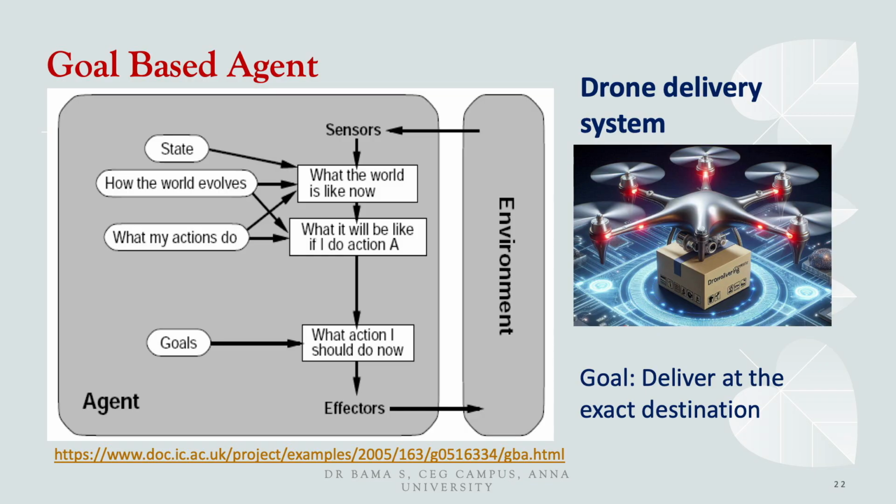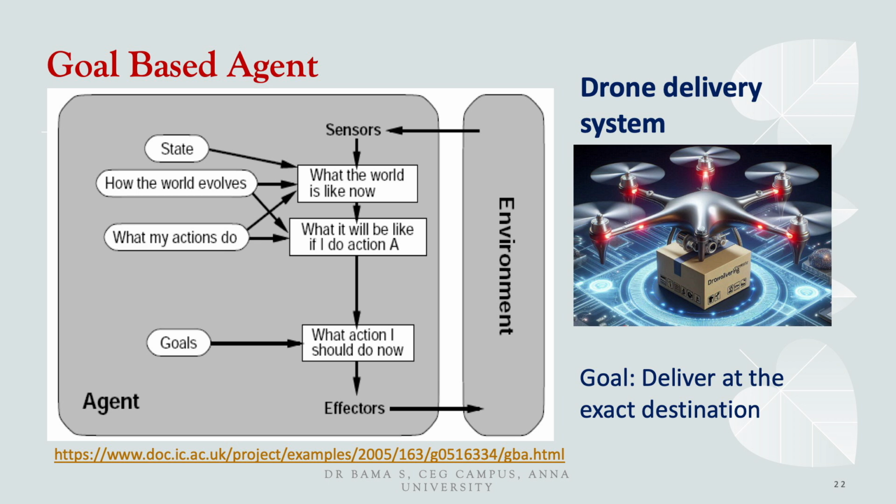Here we have one more block, which is the outcome after doing one particular action. And if you see the arrows to the left, how the world evolves, what it will be like if I do action A, what my actions do, all those would be aligned with the goal. So, along with the goal, if it is aligned, then it is a goal based agent.